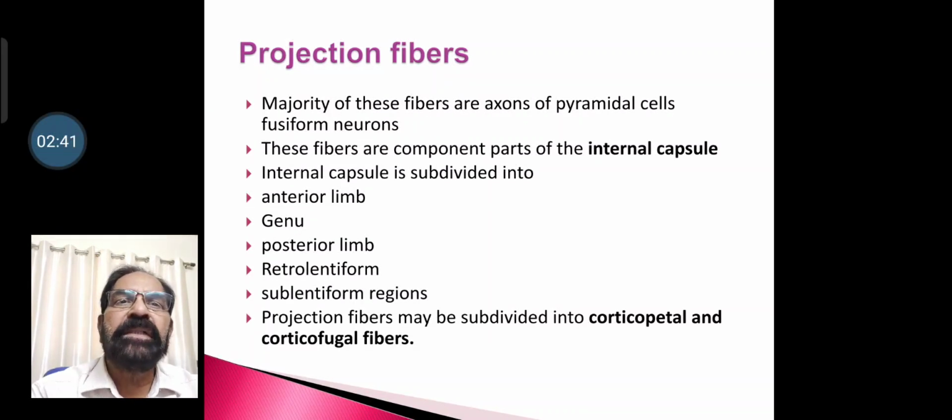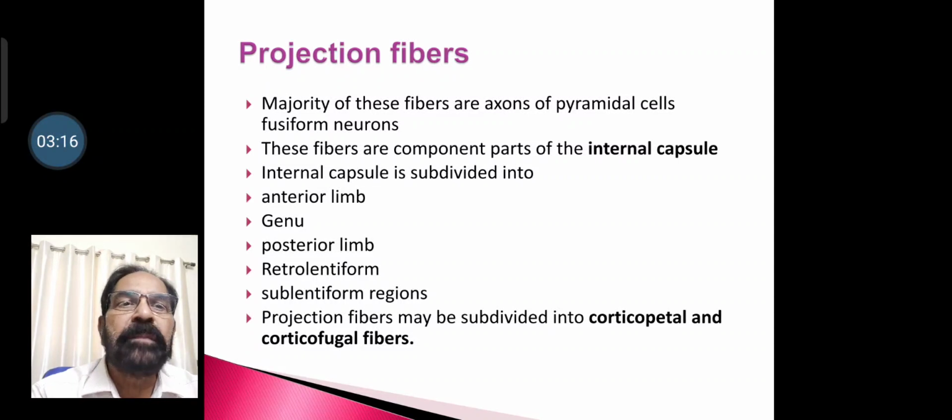The majority of these fibers are axons of pyramidal cells and fusiform neurons. These fibers are component parts of the internal capsule. The internal capsule is subdivided into anterior limb, genu, and posterior limb, that includes retrolentiform and sublentiform parts.